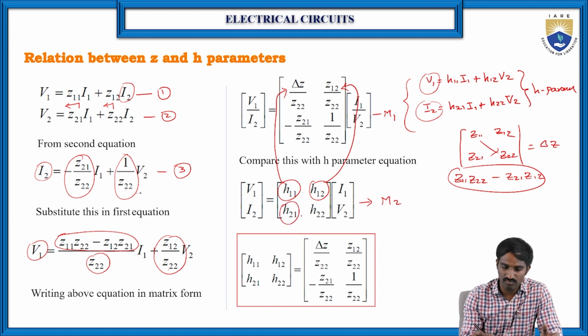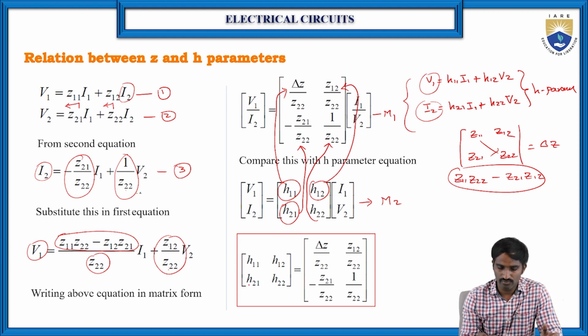Similarly, in place of H21, this. And in place of H22, this. So the same way, H11, H12, H21, H22 is equal to delta Z by Z22, and in the place of H12 you have Z12 by Z22, in the place of H21 you have minus Z21 by Z22, and in the place of H22 you have 1 by Z22.